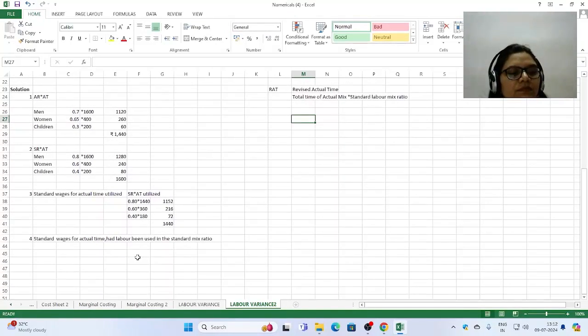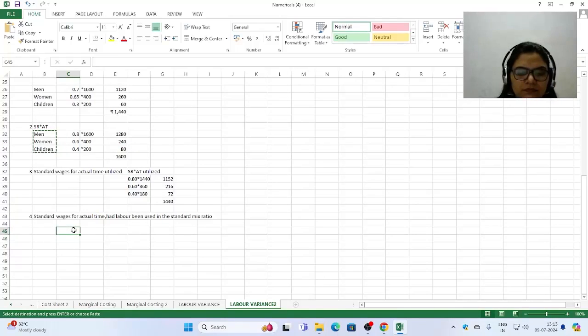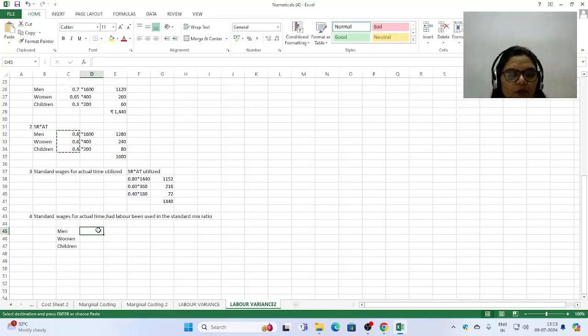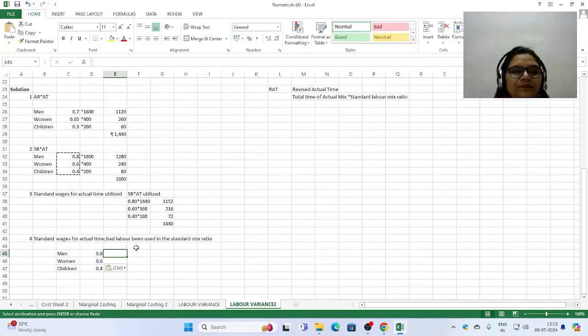We know standard rate, we will copy it as it is, because when we are calculating labor mix variance, we have to multiply this standard rate with revised actual time. Now we need to calculate revised actual time.